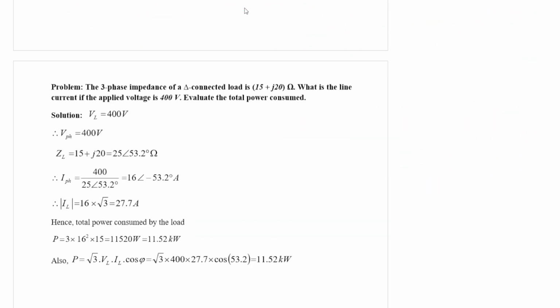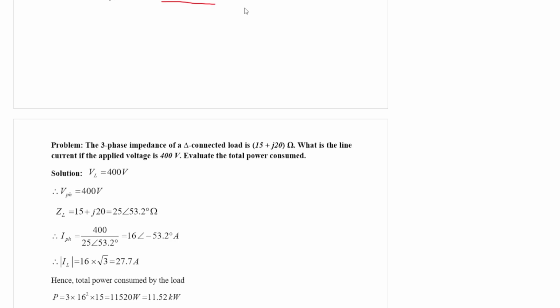Now to demonstrate with a delta connected load, let us have this problem. The impedance of a three-phase delta connected load is 15 plus J20 ohm. So Z load is equal to 15 plus J20. If you evaluate its impedance, it will be the square root of 15 square plus 20 square, and the angle is tan inverse 20 by 15.